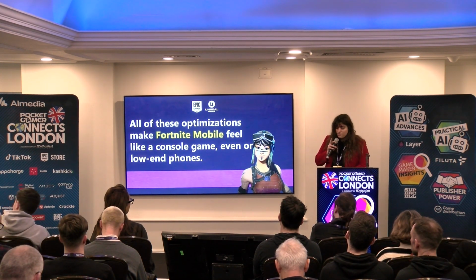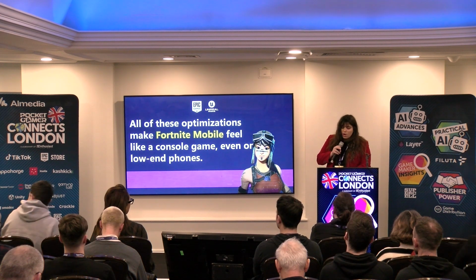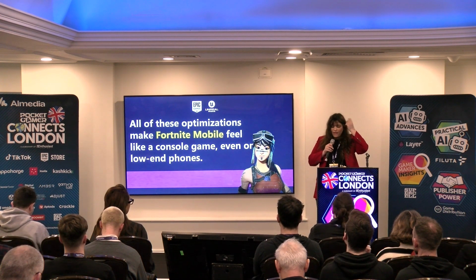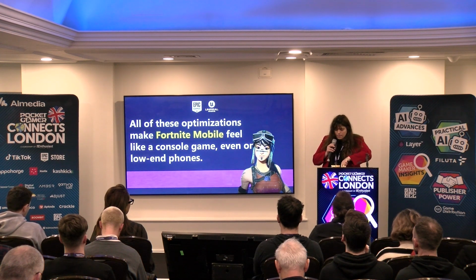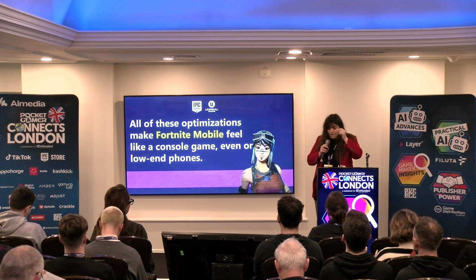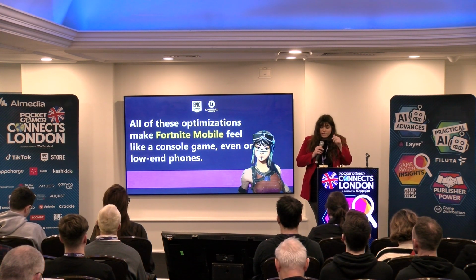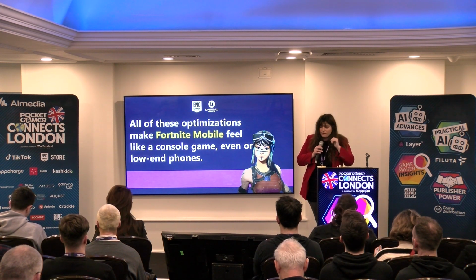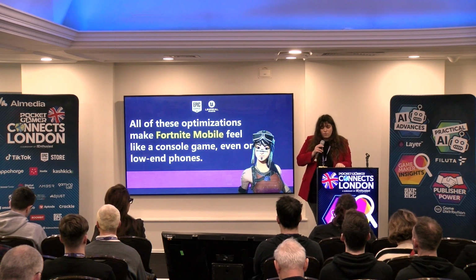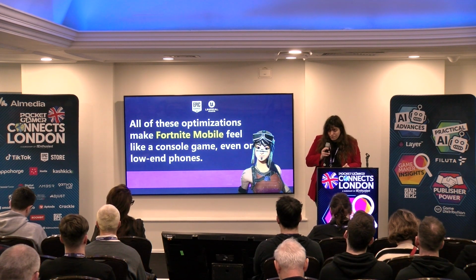Input prediction is very important for Fortnite because, for example, when a player performs an action like jumping or shooting, this technique predicts the result based on the last action of the player, not just waiting for the server to take all the data from the game state.